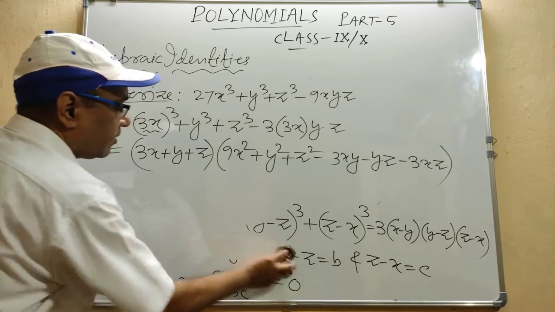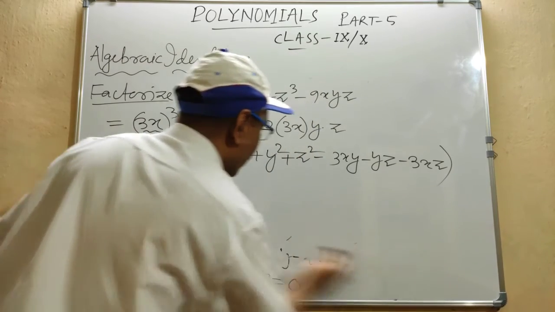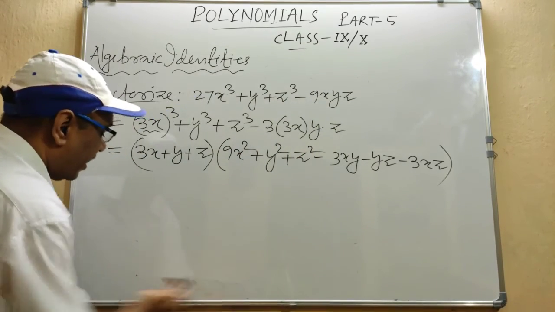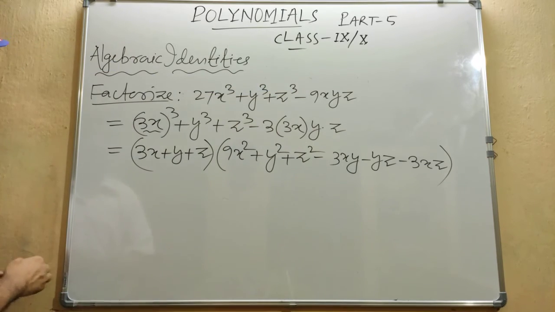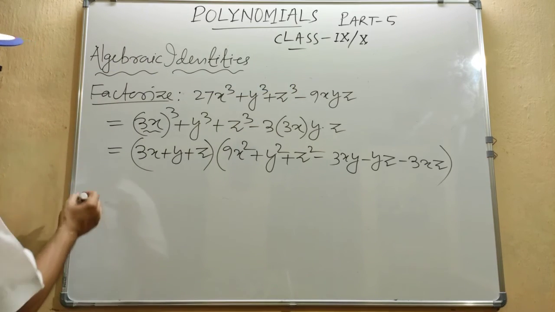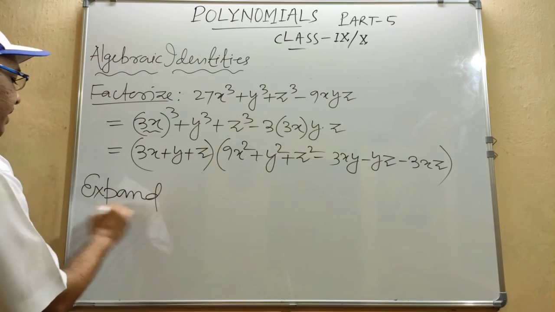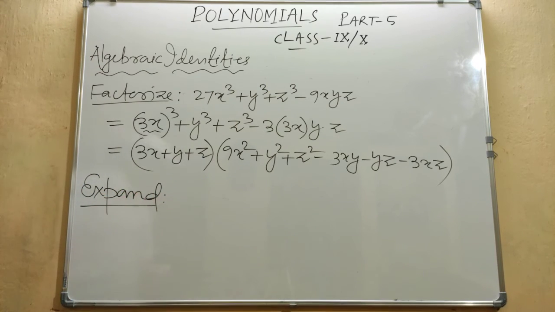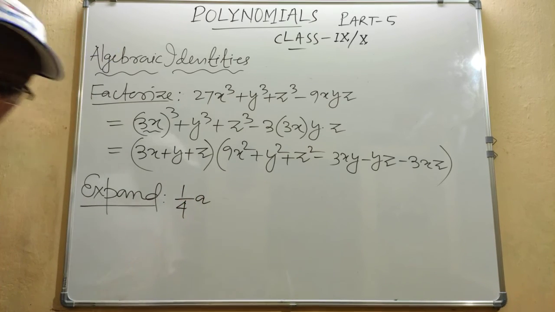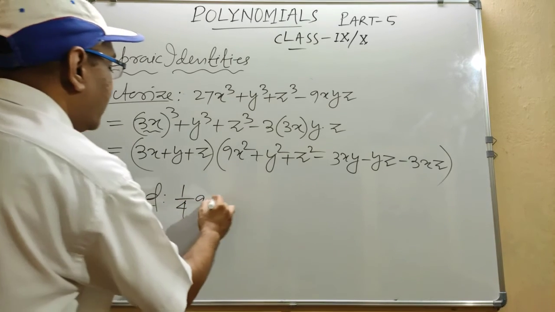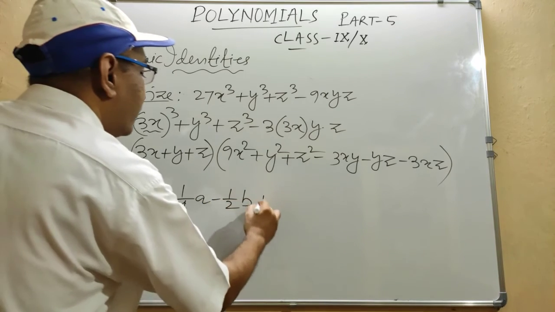So this type of factorization is given in your book, and after solving these problems you can try some problems given in your book. One is expand 1 by 4a minus 1 by 2b plus 1.